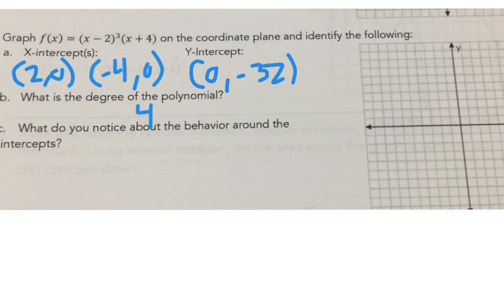But let's go ahead and put it in my calculator. It should be x minus 2 cubed times x plus 4, graph. So I can't see the y-intercept, so I'm going to change the window.